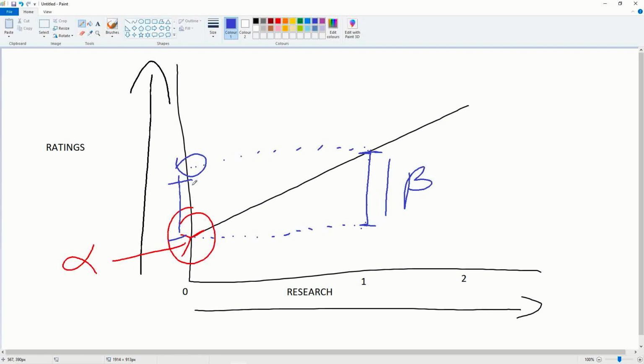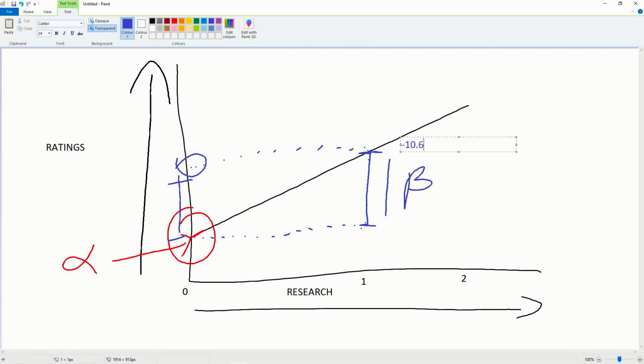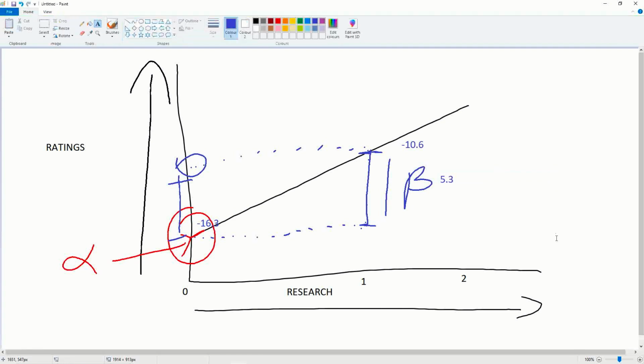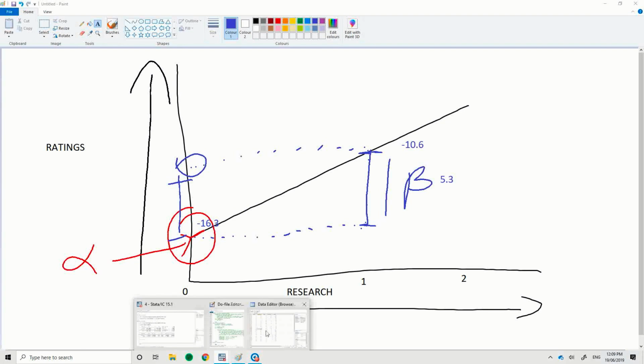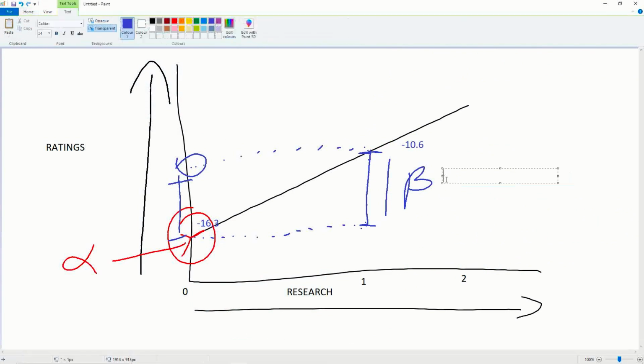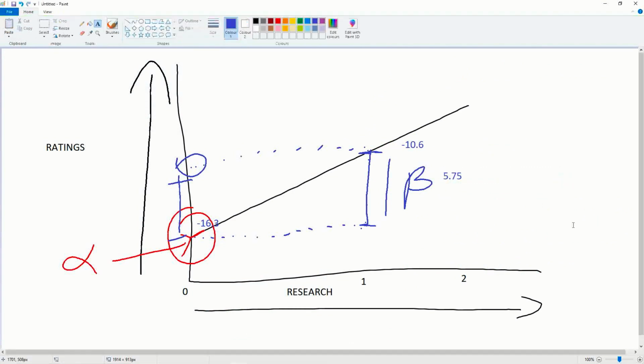And so for us, on our regression, we know that for 1 hour of research, it was approximately negative 10.6, whereas here, the intercept was negative 16.3 or thereabouts. And that was giving us a beta of about 5.3, something like that. And if we go back, I can actually just confirm. Okay, 5.75, a little bit off. So this difference simply represents the difference between these two values.